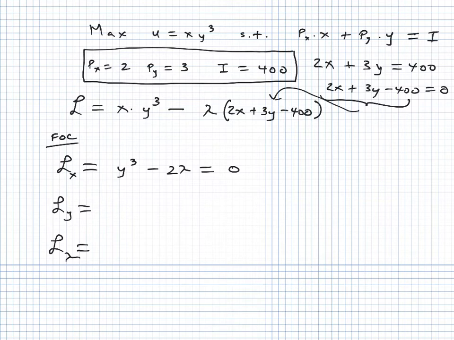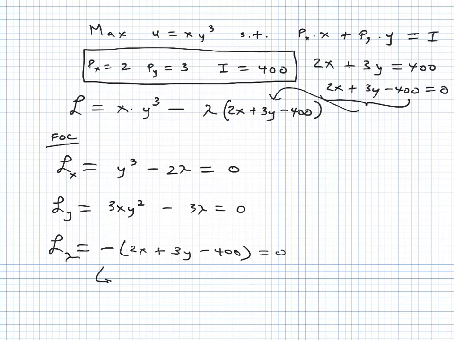And then take the partial with respect to y. I'll get 3xy squared minus 3 lambda equal to 0. And when I take the partial with respect to lambda, I'm going to get back my constraint. And again, set that first order condition equal to 0.